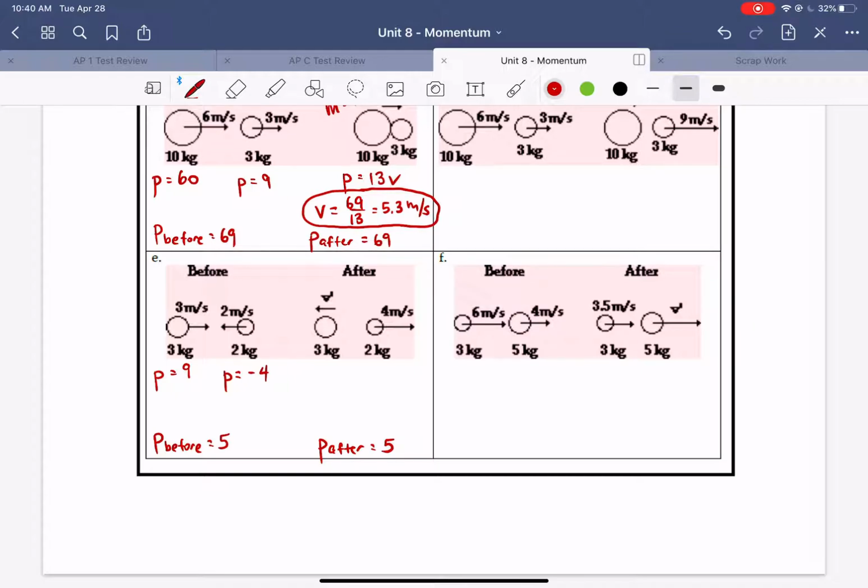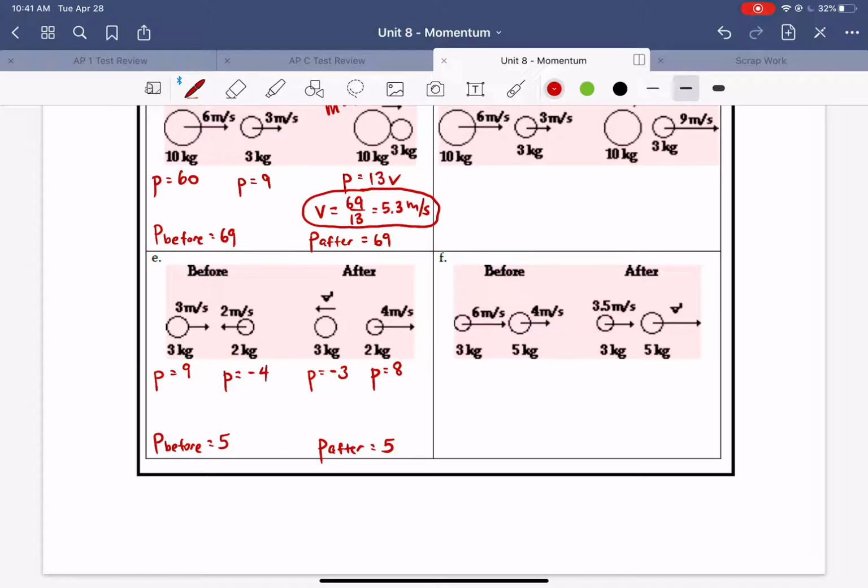All right, so we're going to have two separate momentum values in the after picture as well. This one we can calculate as 2 times 4, so that is 8. And that allows us to figure out what the momentum of the other ball after the collision must be. So if the momentum has to add up to 5, one object has a momentum of 8 units, the other one must have a momentum of -3, because 8 plus -3 equals 5.